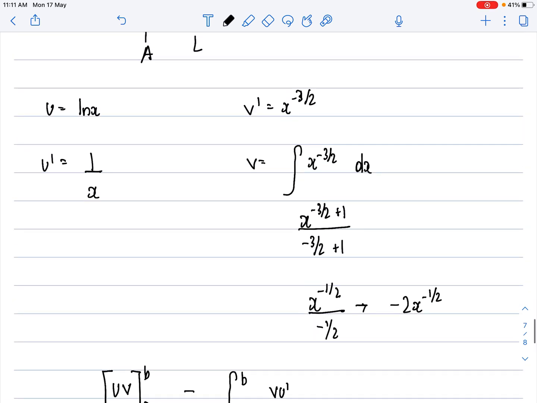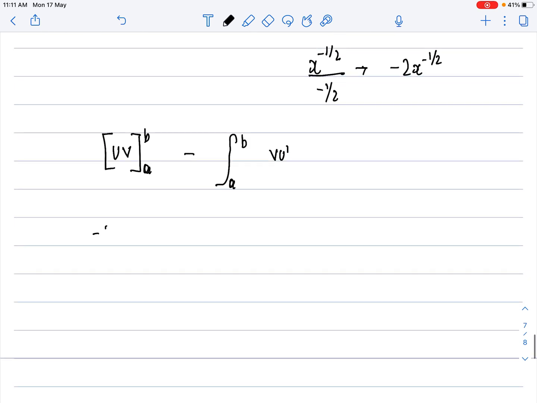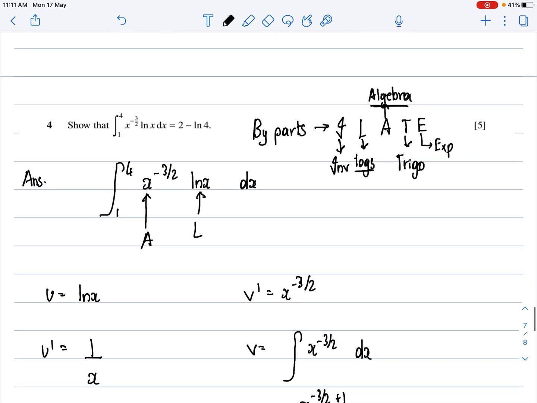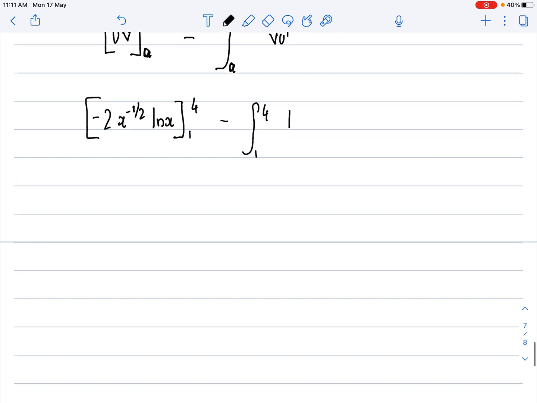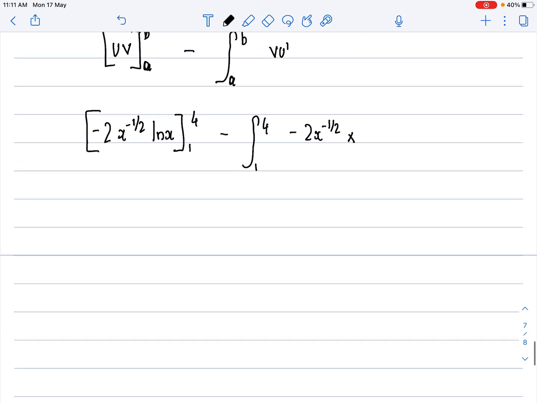So uv is minus 2 x raised to minus half ln x with the limits 1 and 4, minus the integration from 1 to 4 of v u dash, which is minus 2 x raised to minus half into my u dash, 1 over x.